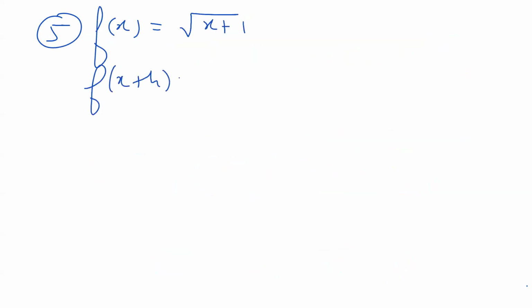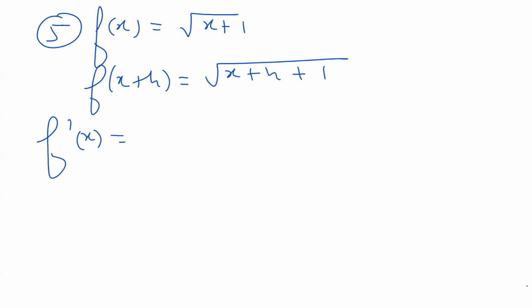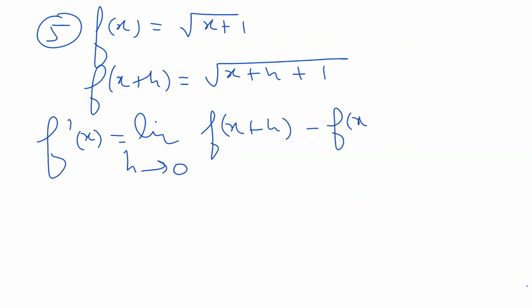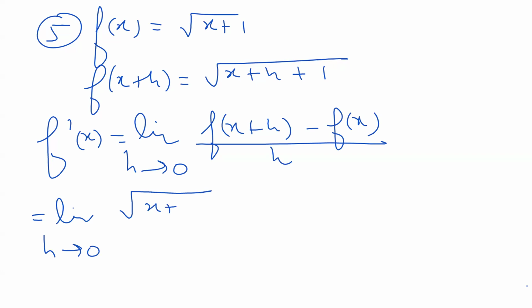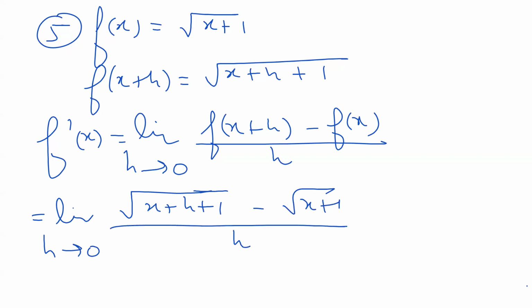F of x plus h will be root of x plus h plus 1 using first principle. f dash x is equal to limit h approaching 0, f of x plus h minus f of x upon h. So limit h approaching 0, root of x plus h plus 1 minus root x plus 1 upon h.